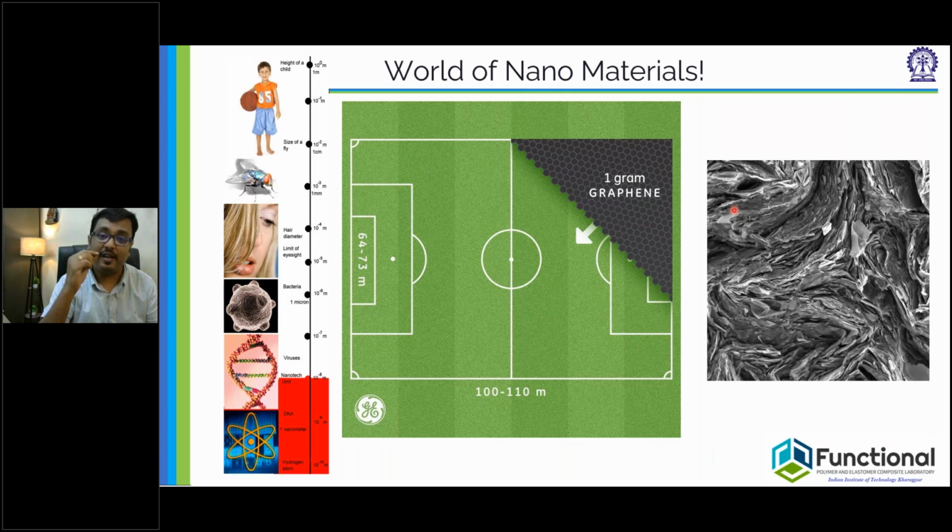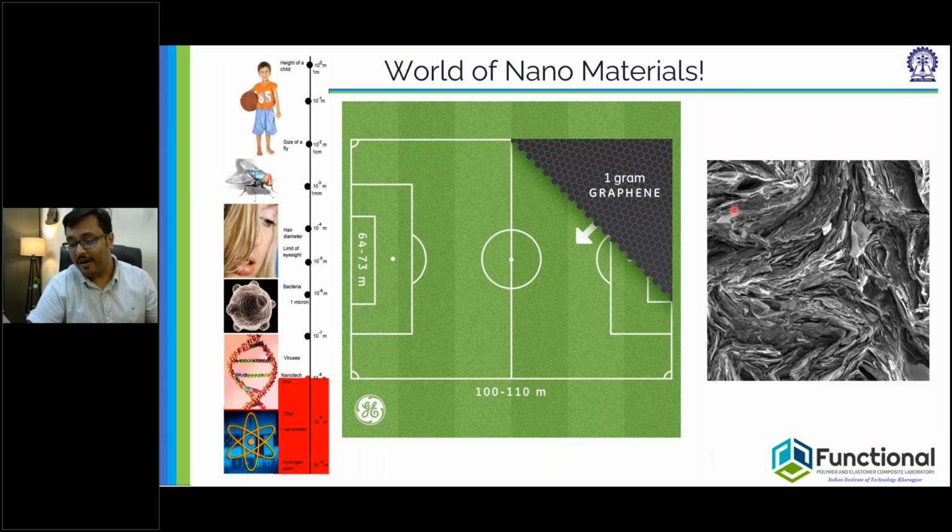So this particular single layer or few layers that slip out of the tip of your pencil is a nanomaterial, because the three-dimensional graphite, as per the International Union of Pure and Applied Chemistry nomenclature system, is not a nanomaterial.